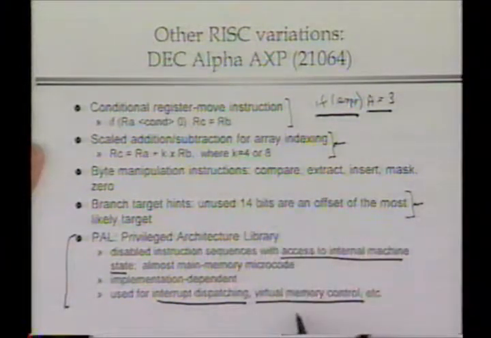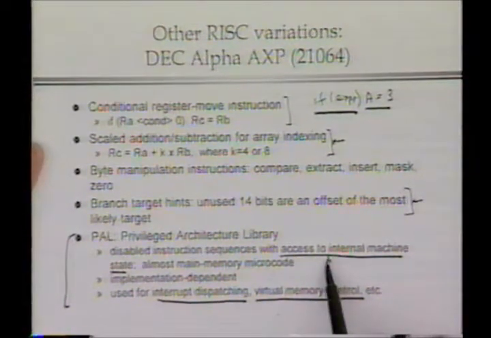And in the DEC alpha are part of a no man's land. It's not part of the base instruction set yet. It's simply something that's implemented using the base architecture, the base instruction set. It's basically microcode that runs out of main memory that has special access to internal registers.